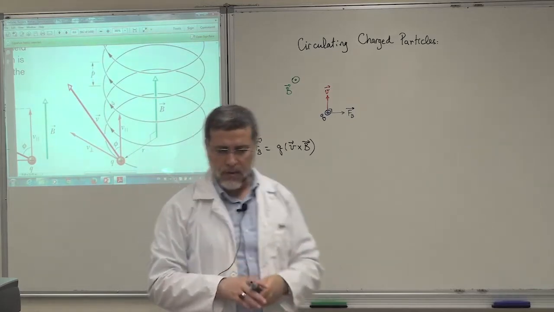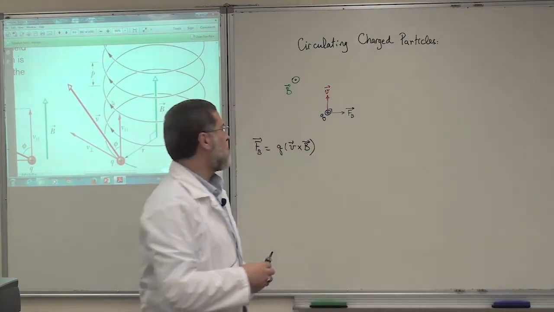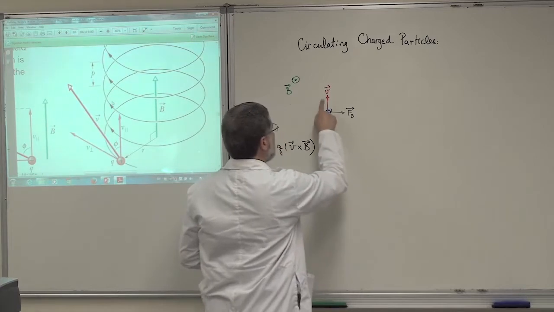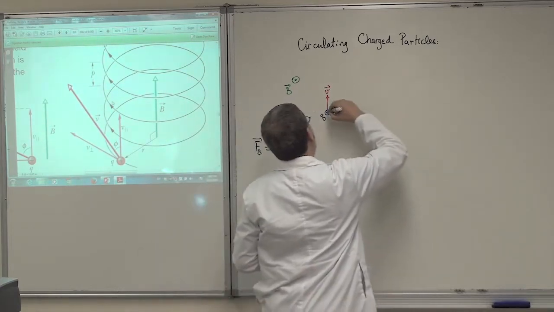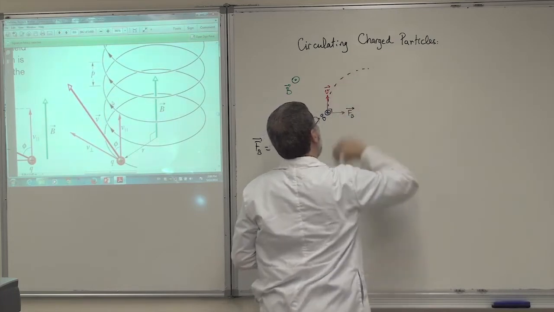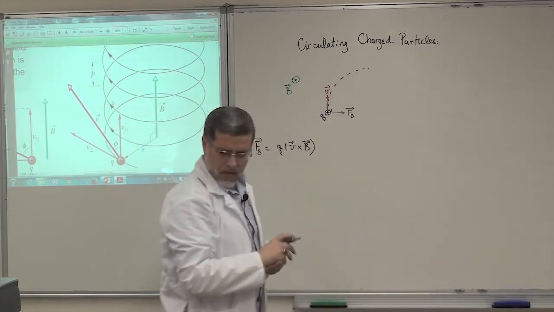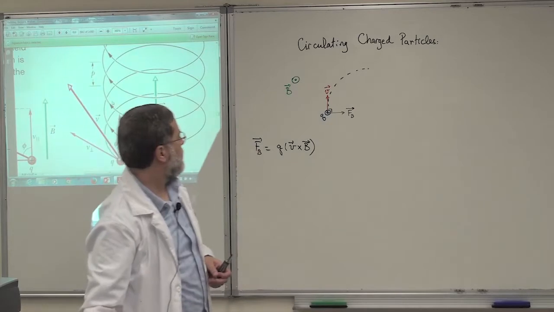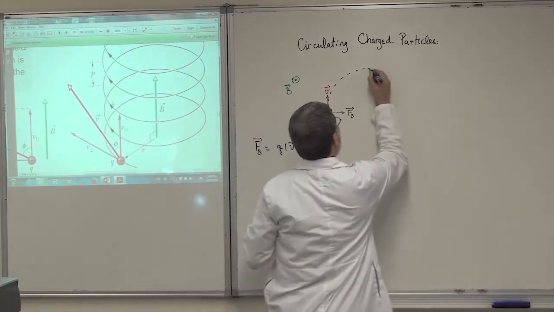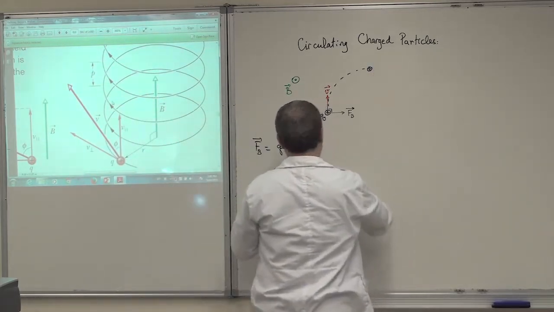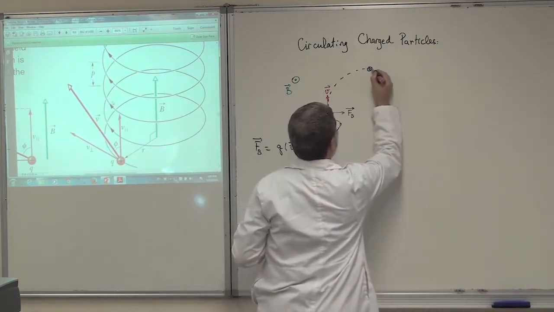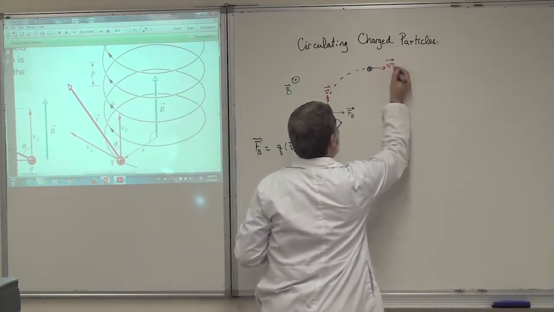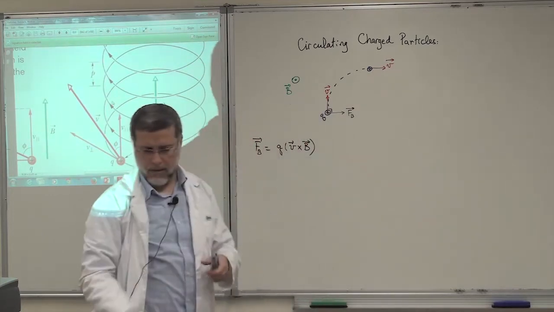Now, you have done in classical mechanics, when you have a particle moving and the velocity and the force are perpendicular to each other, you get this kind of motion. Now, the particle is here, and its velocity is to the right, that's V. Give me the direction of the force there.